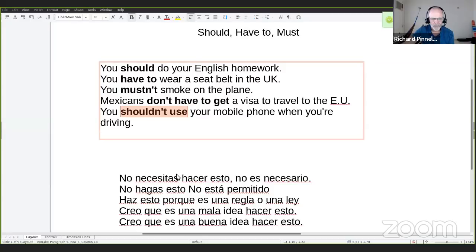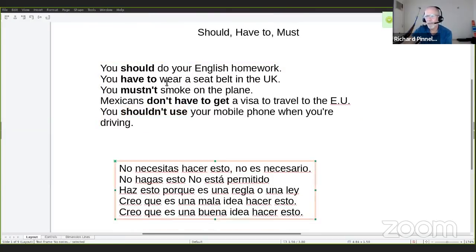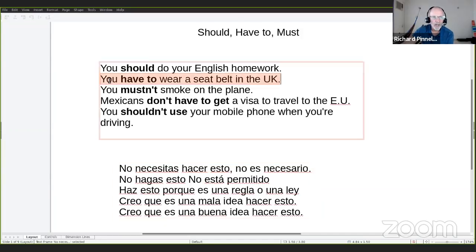So, voy a leer esos ejemplos primero. You should do your English homework. The second one, you have to wear a seatbelt in the UK.